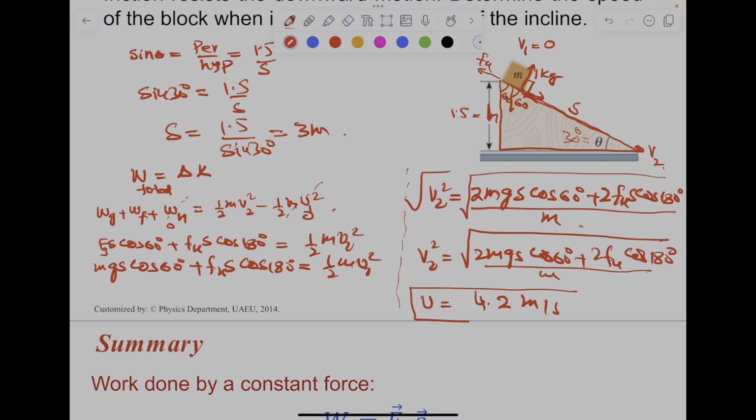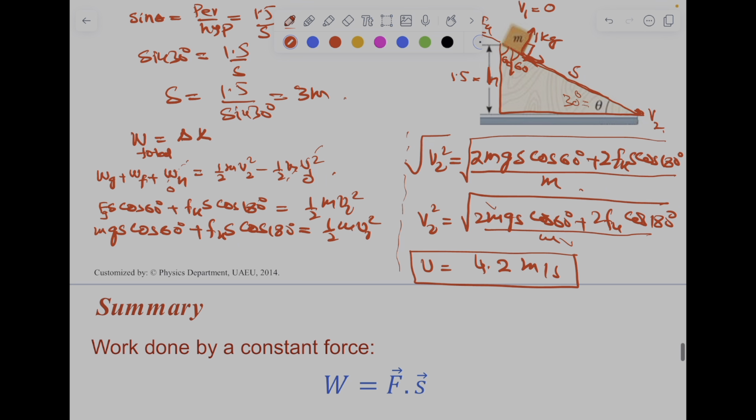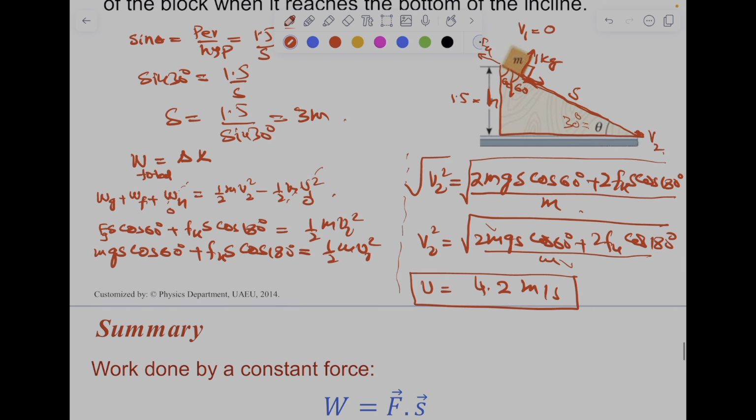This is how you calculate the velocity. Just put in the values, because the mass is 1 kilogram, and substitute. You will get 4.2 meters per second. So at this end, its velocity is 4.2 meters per second.